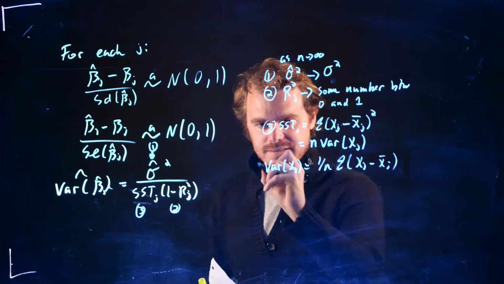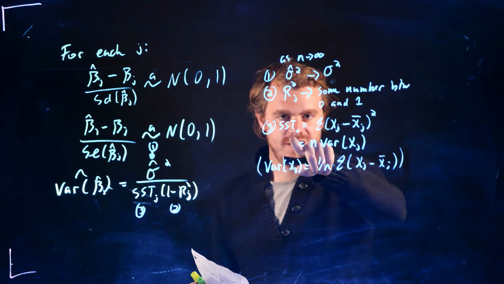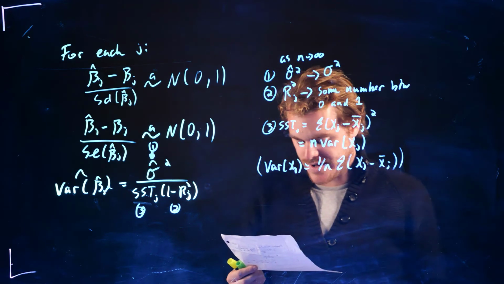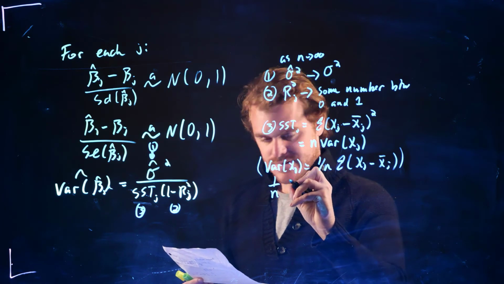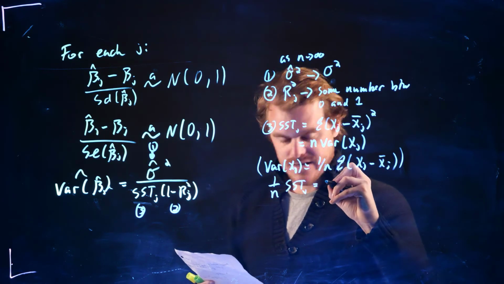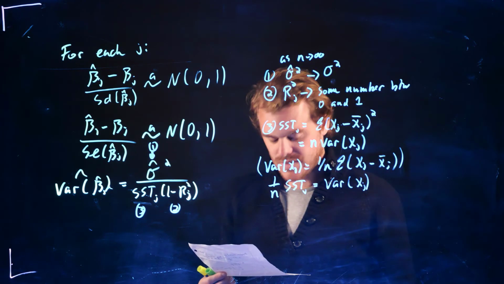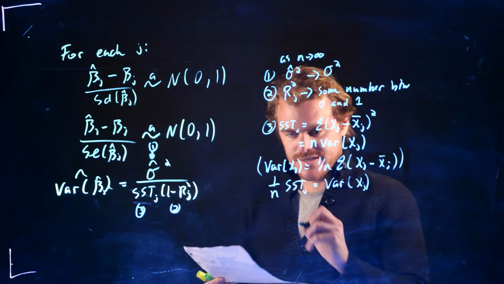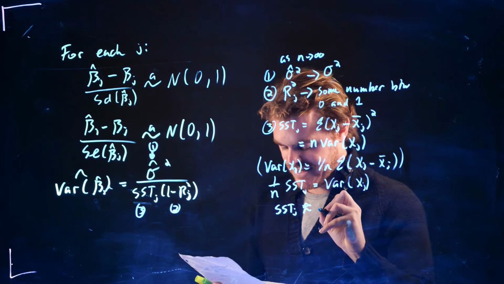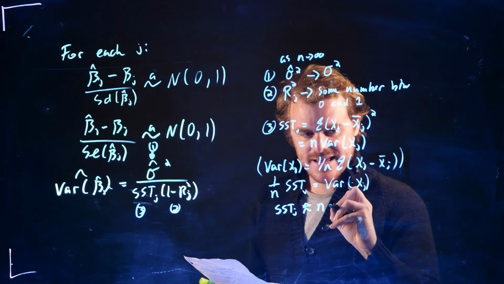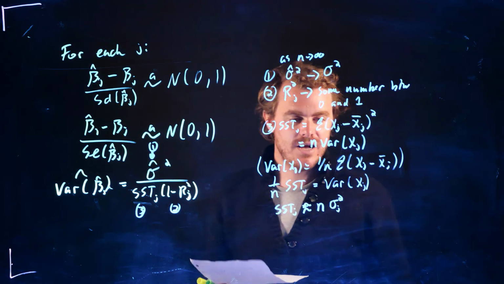And so SSTj is n times the variance of xj. So 1 over n times SSTj equals the variance of xj. And so SSTj is approximately equal to n times the variance of xj.